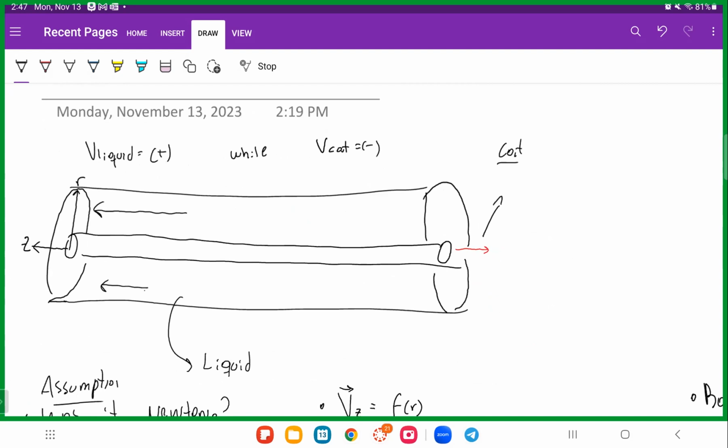And you know exactly what the velocity is. So you can approximate that it's something like that, if you're assuming that the catheter is going slower than the blood. So in this case, you have flow going this way and then flowing that way.